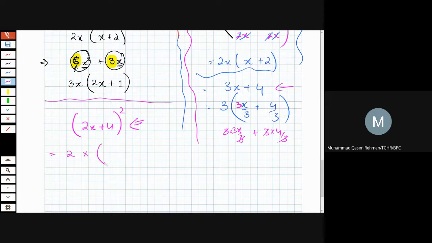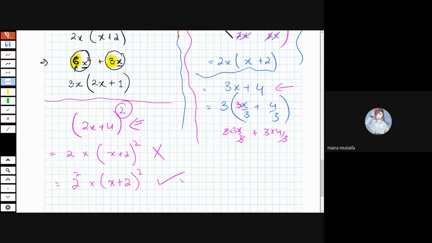They take 2 as common and write x plus 2 whole square. This is wrong. You cannot do this because you are bounded in a square. So you can take 2 as common, but with the square, then it's correct. So 2 square as common, and then you are left with x plus 2 whole square. This is correct. Got it?